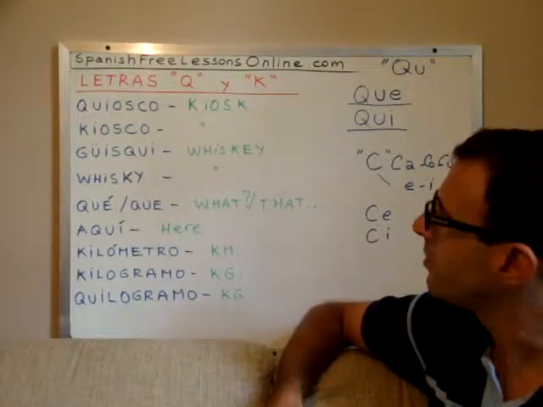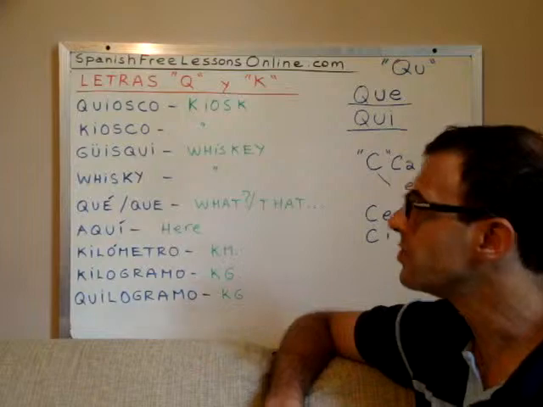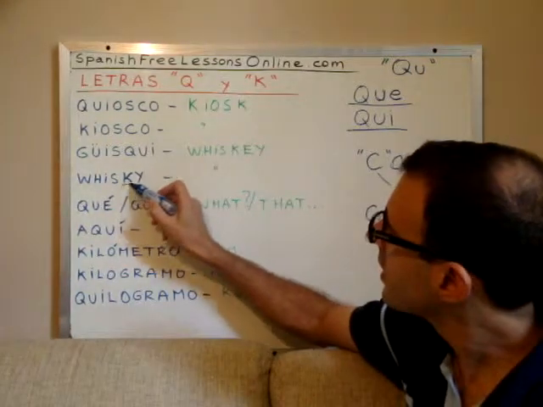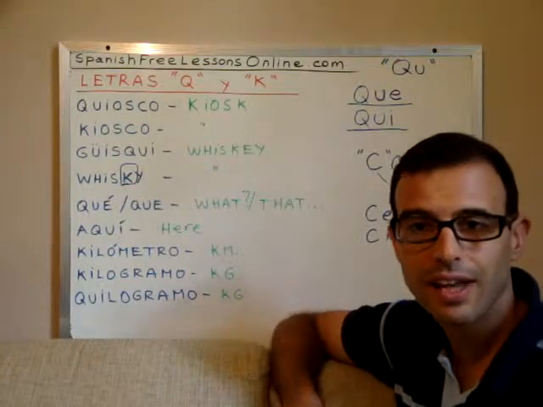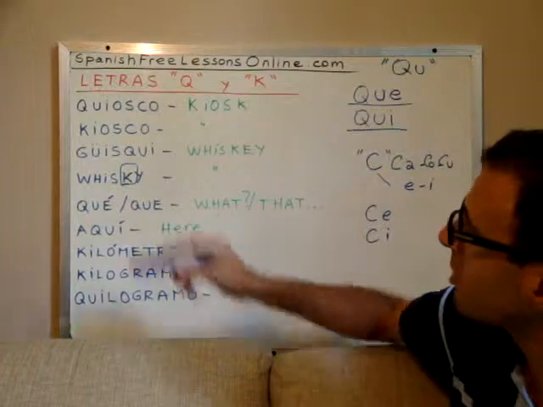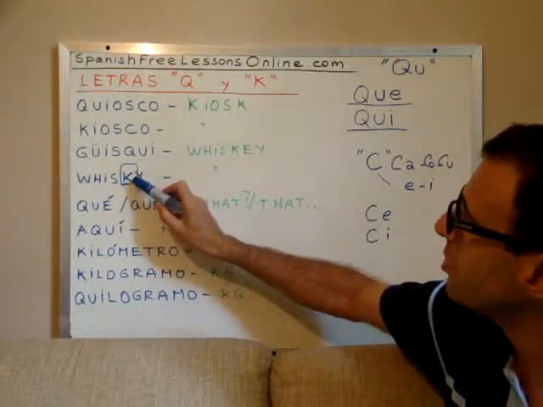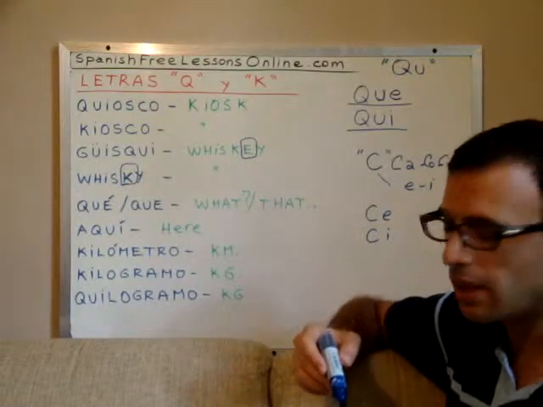Since it's obviously an English word that has been accepted in the Spanish language, it has traditionally carried the K, indicating that it is a foreign word that has been adapted, of course, because in Spanish you write it without this E, which is common in English.